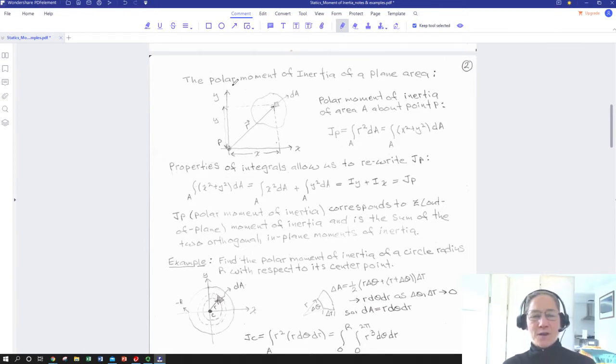So if we look at this figure here in the upper left, what if we wanted to take this body that we've defined, it's a little faint, and rather than rotating it around the x or the y-axis, we want to rotate it around what would be the z-axis coming out of the page. So now the distance of this body being rotated around the z-axis is not defined by its x or y coordinates, but by r.